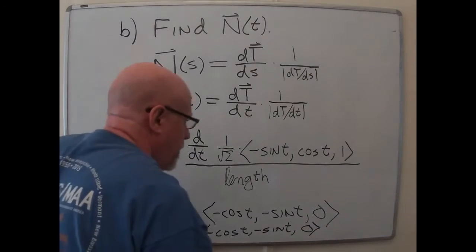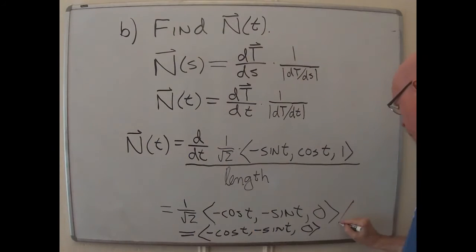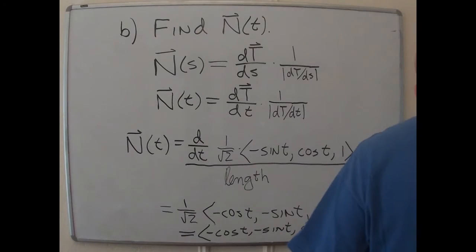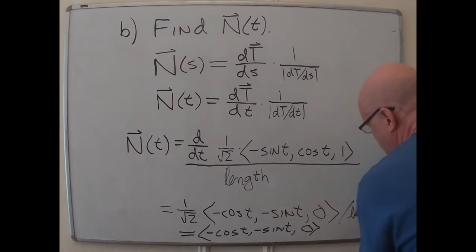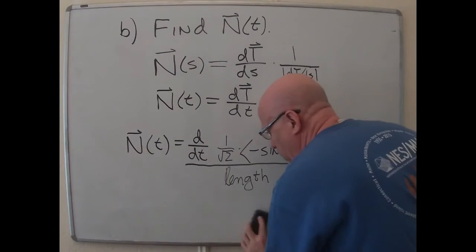I guess the line above really should have included the dividing by the length part, and what I just did there is accomplishing that, dividing by the length. Okay, so that's the unit normal vector. There's one more thing it asks about, to find the curvature kappa. And there's multiple approaches to that.